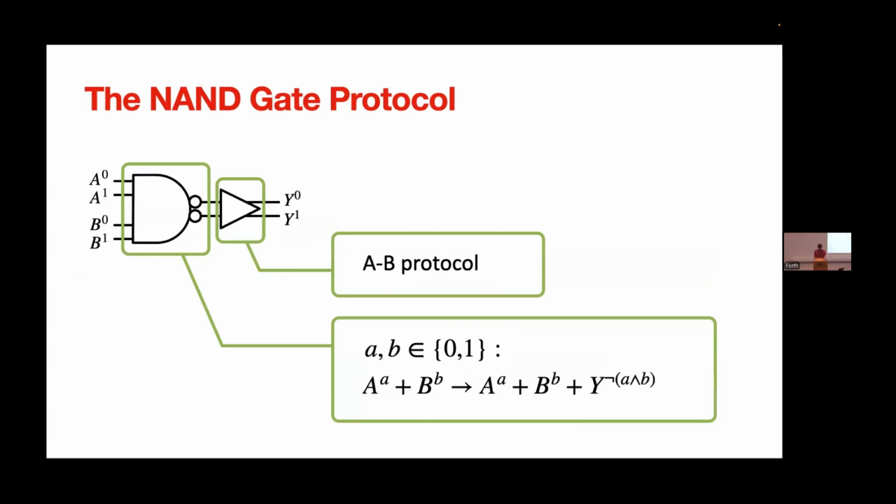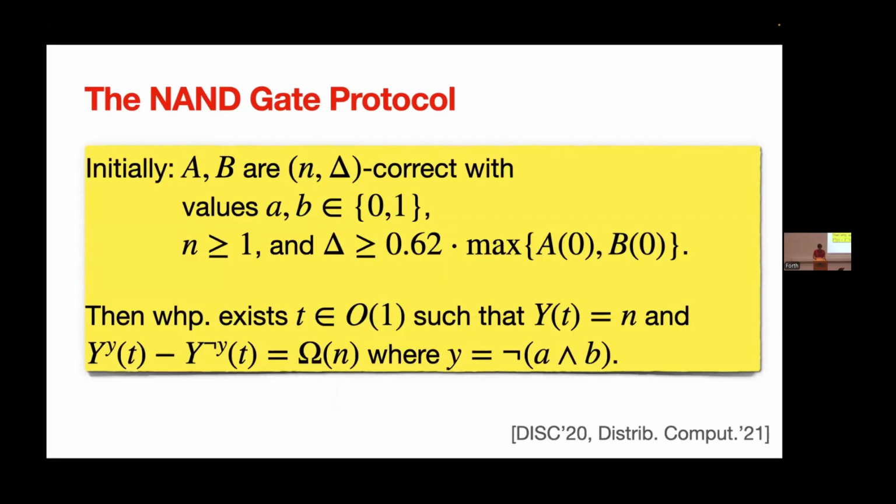If you put these things together, you have A's and B's interacting, and when they do, they can also output a Y species, which is based on the Boolean combination of these things. This is even messier than the other analysis, but you can show that if A's and B's are initially n delta correct, then with high probability, your output will also be n delta correct.